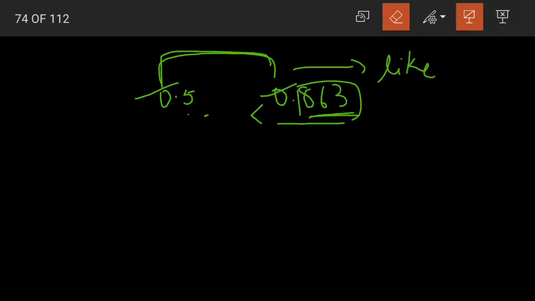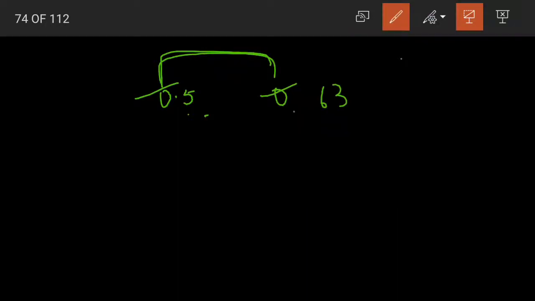Or another way to compare these two decimals is that, see, the whole number parts are same. Yes, the whole number parts are same for both. So we'll go for comparing the next place value. That is the first place value in the decimal places, 1/10th place. We are having 5 and we are having 8 here.